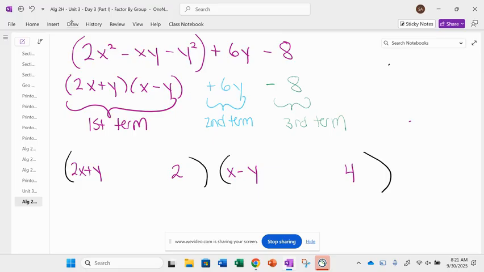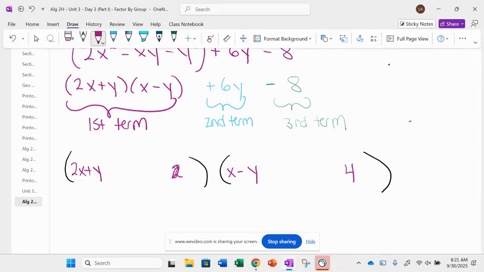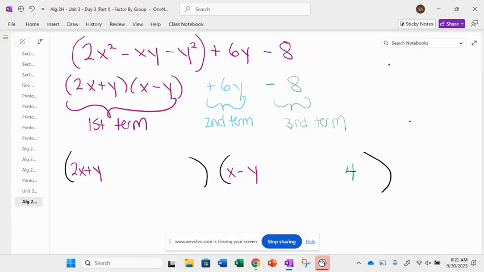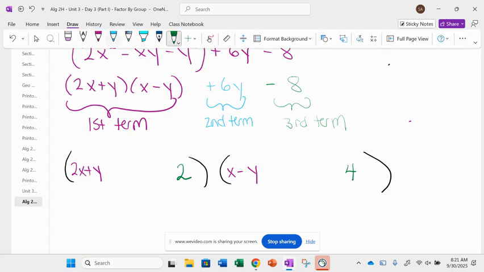Now let me put this in green actually, so you know where it's coming from. You said put the 4 here and the 2 here. Isn't that what you guys said? The 4 and the 2? Okay. So now let's go ahead and check this.